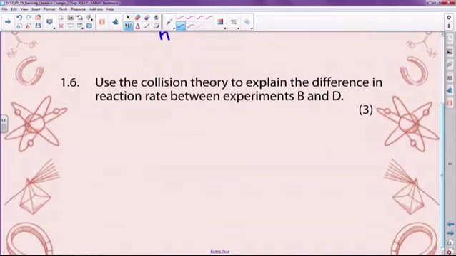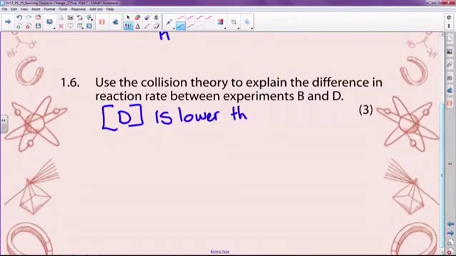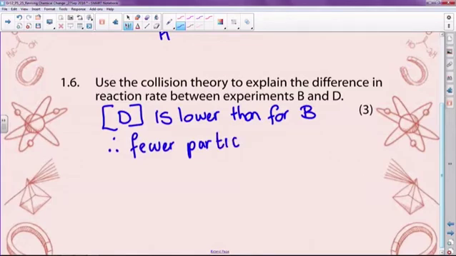So I'm going to do it from D's point of view. The concentration for D is lower than for B. Okay, so the concentration in experiment D is lower. That means we have fewer particles per unit volume.